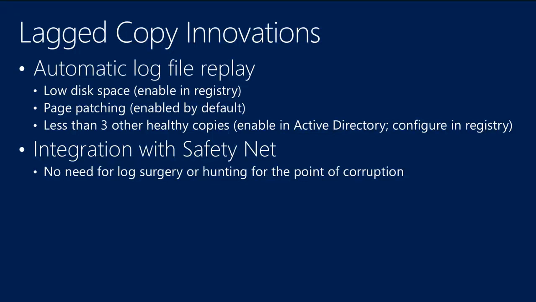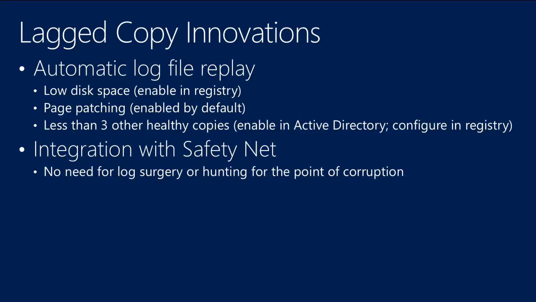So for instance, a low disk space condition. In 2010, you really have no agility from a low disk space condition. About the best you could do is maybe throw away the content index catalog and buy yourself a couple gigabytes of breathing room that way. But in 2013, you now have the ability to have Exchange automatically detect that for your lag copies and bring itself up to date. Now, the low disk space threshold is about 10%.